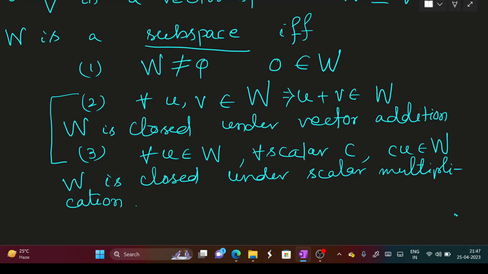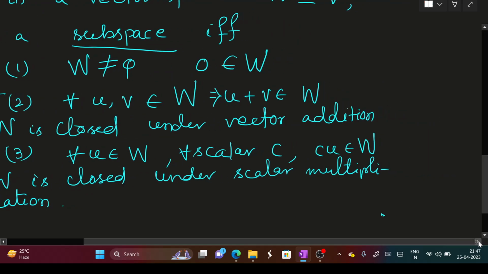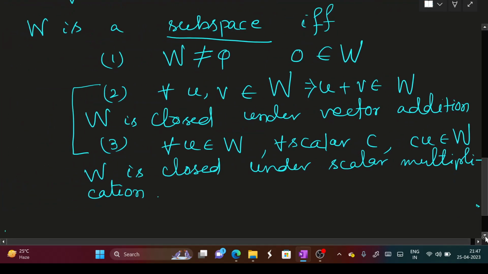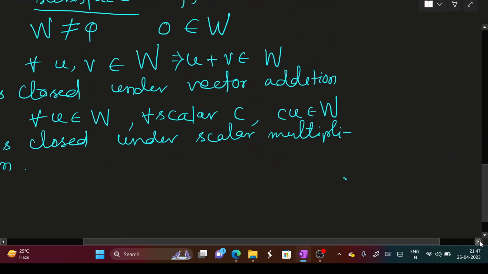Any subset W of V is said to be a subspace if it is non-empty, if it contains the 0 vector of V, and it is closed under vector addition and scalar multiplication. With these 3 properties, W itself is a vector space and it is a subset, hence it is said to be a subspace of the vector space V. This is all about vector subspace.